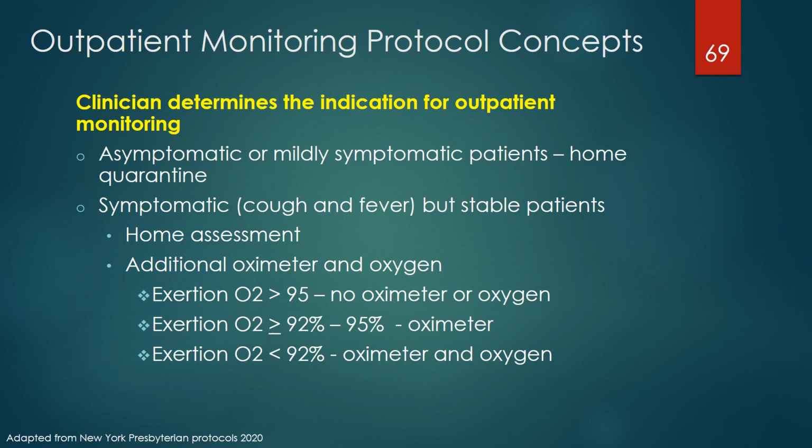Outpatient monitoring for asymptomatic or mildly symptomatic patients would be via home isolation or quarantine, usually monitored by state and local public health officials. Outpatient monitoring for symptomatic but stable patients who have fever and cough would first require a home assessment to determine whether an individual should be placed on home monitoring or in a regional monitoring institution.